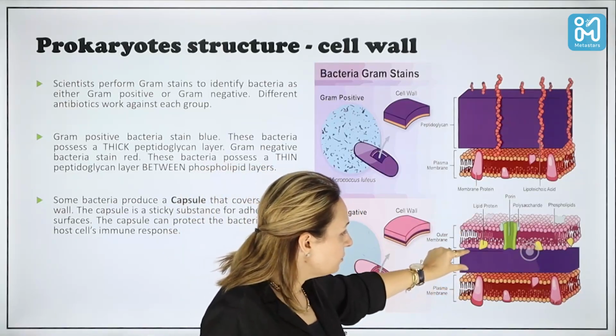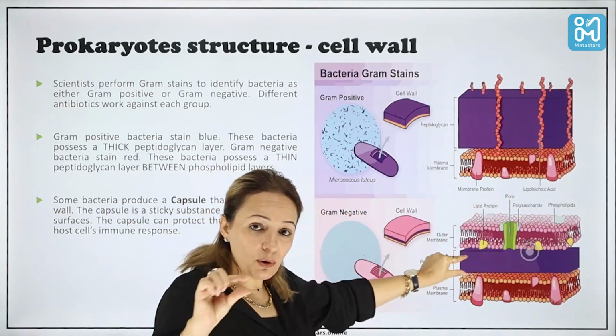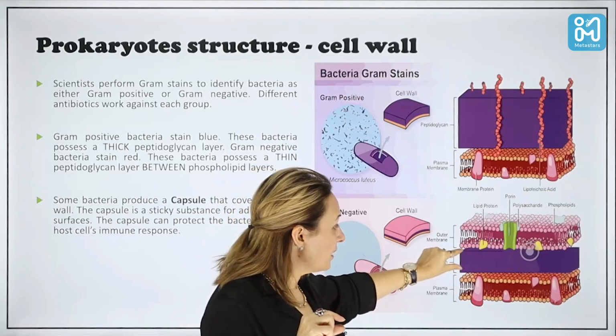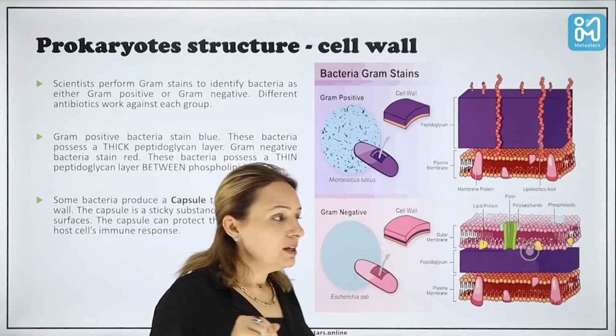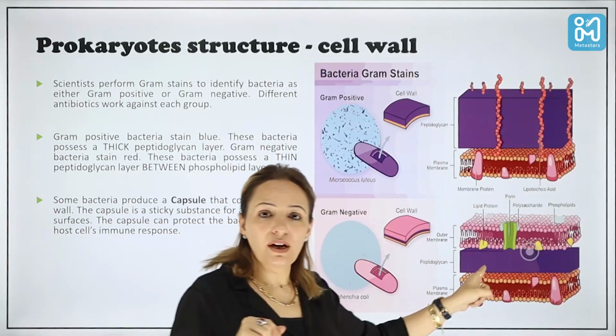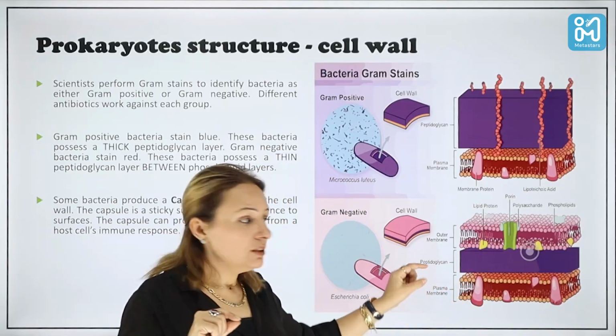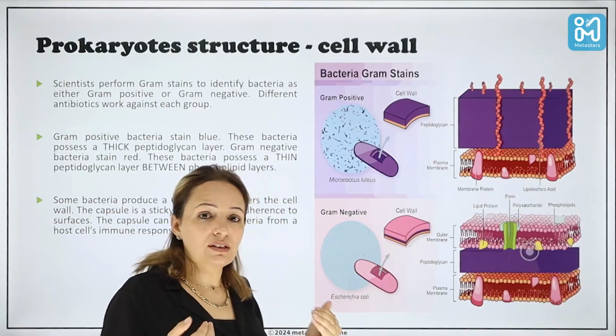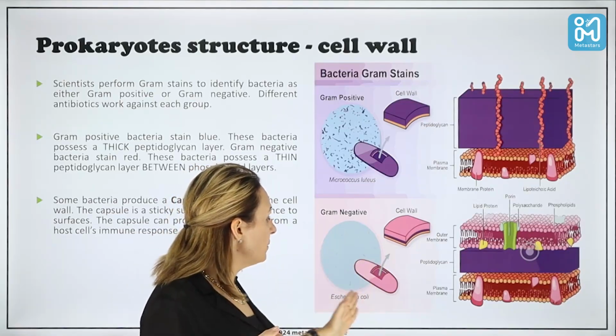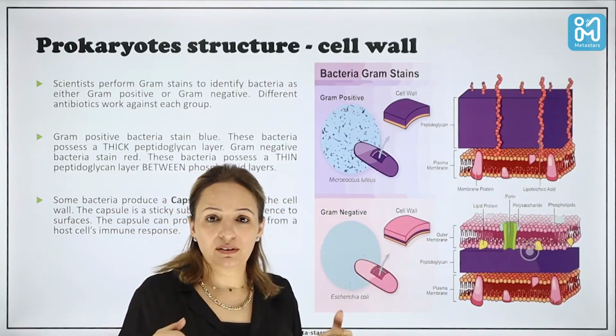Now, the gram-negative bacteria: look at the structure of the cell wall. You can see how the peptidoglycan layer is very small, and it is actually enclosed between two layers of membrane. So this makes it hard for the stain of Gram to interact with the peptidoglycan layer, and that's what causes the whole bacteria to become another color, which is the red color.